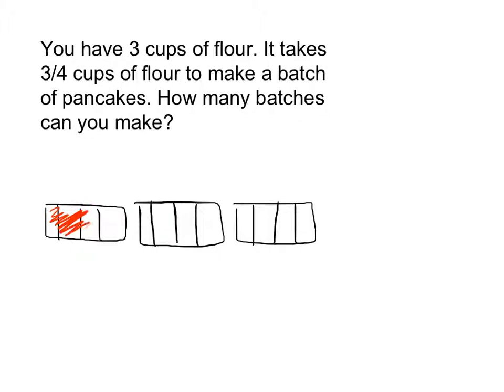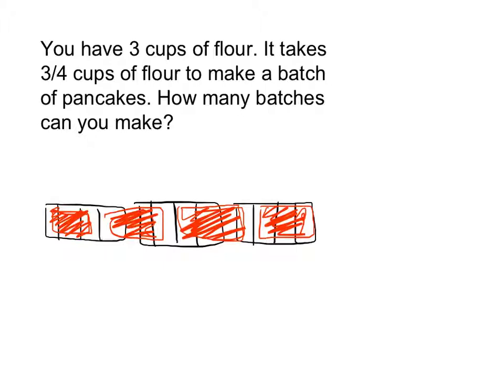So here's 3/4, here's 1 batch, here's another 3/4, so here's another batch, another 3/4 here, so this is another batch, and then there's 1 final batch here. So based on the picture, it looks like you can make 4 batches of pancakes, and you'd be right.